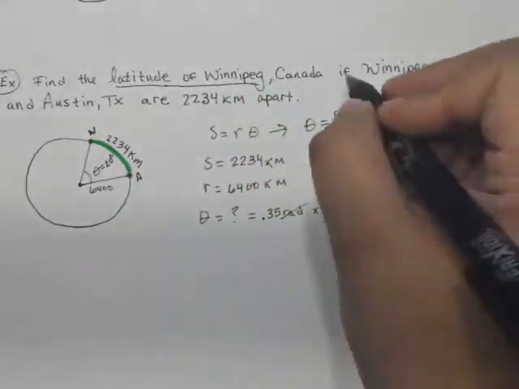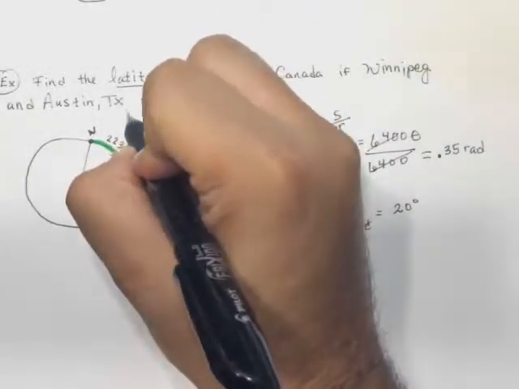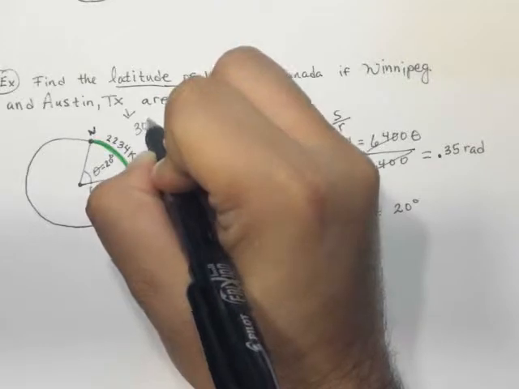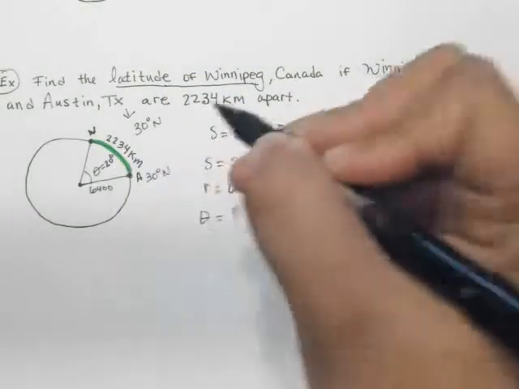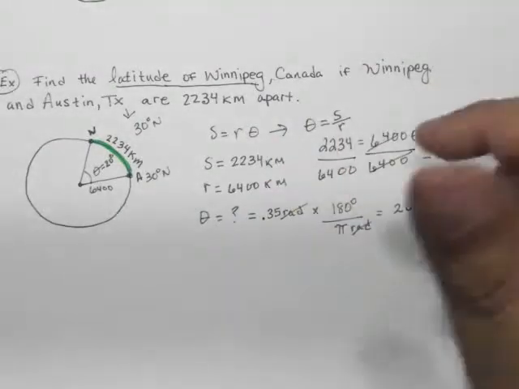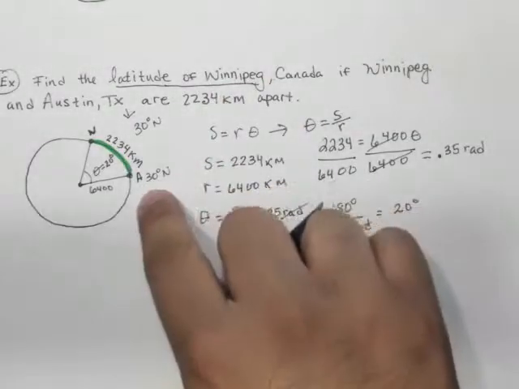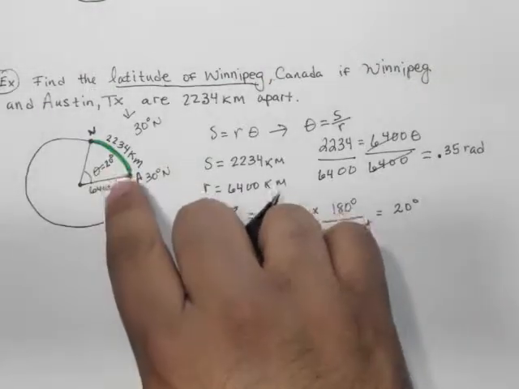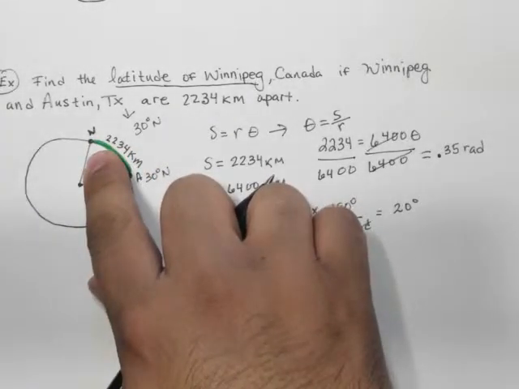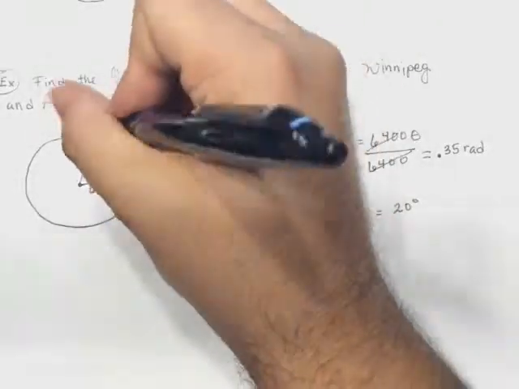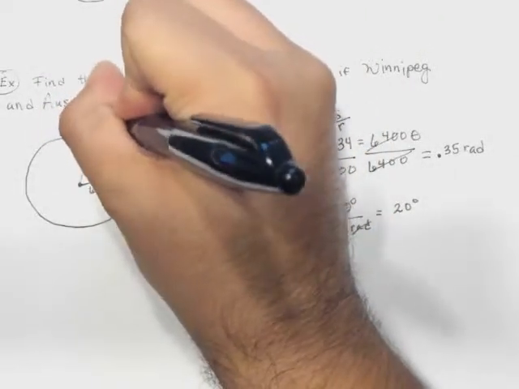But I'll tell you this. Austin, Texas is at 30 degrees north. So that's important, 30 degrees north. But thankfully it didn't come into play until right now. So Austin is at 30 degrees north. The angle between is 20. So 30 plus 20 puts Winnipeg at about 50 degrees north.